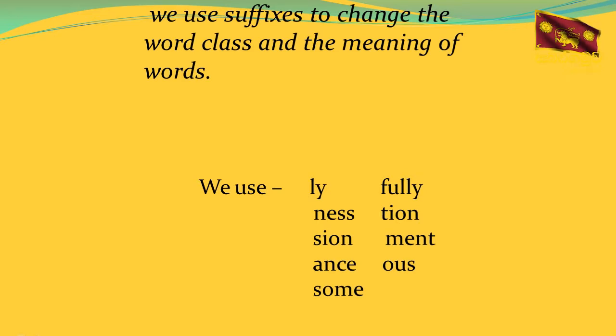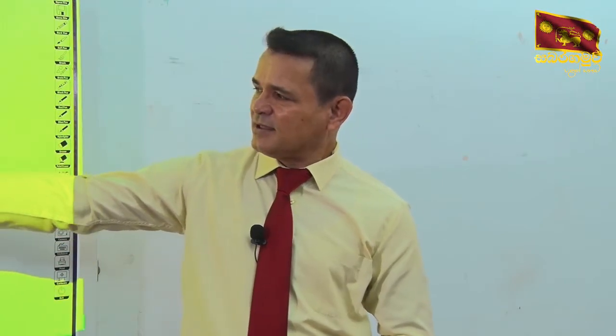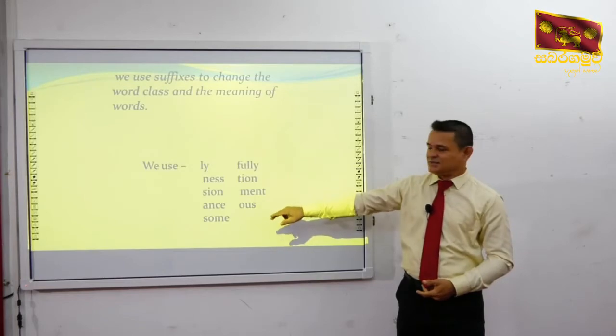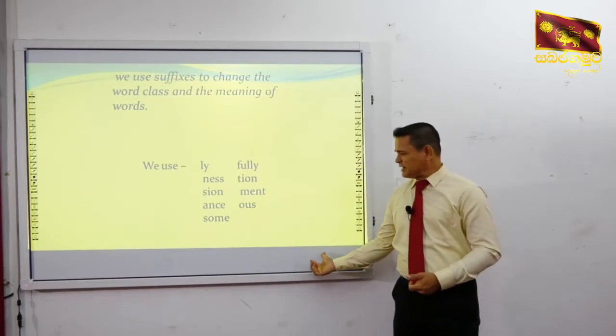When the word class changes, sometimes some nouns can be formed as an adjective. Sometimes adjectives also become something else, maybe an adverb. So you must have that knowledge also. I'll give you a little idea about it. So there are some examples of suffixes, right? Like ly, ness, tion, sion, ment, and so on. I'll give you some examples for that.